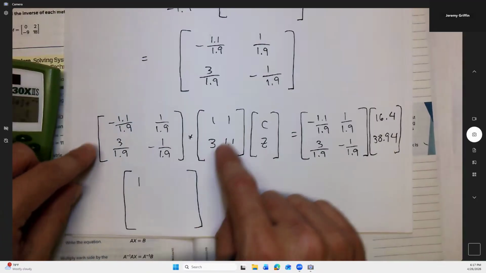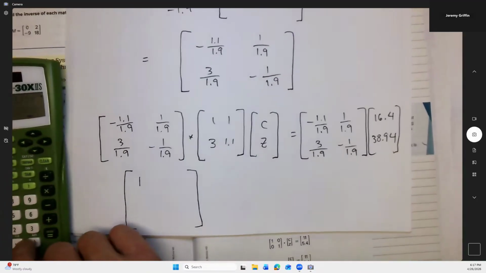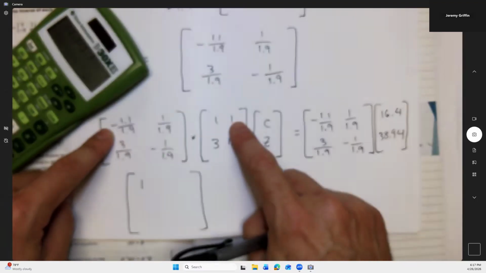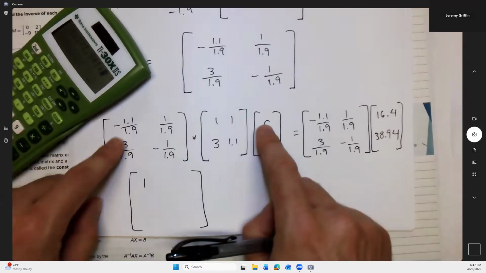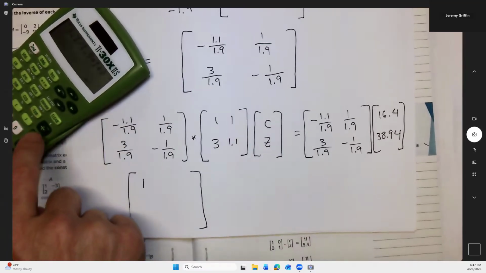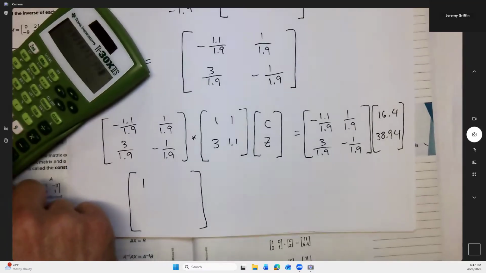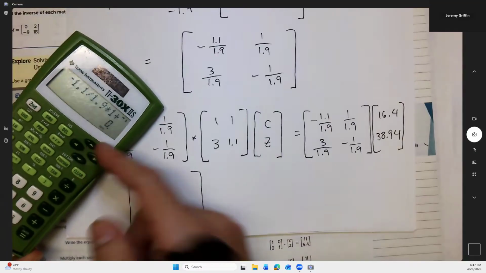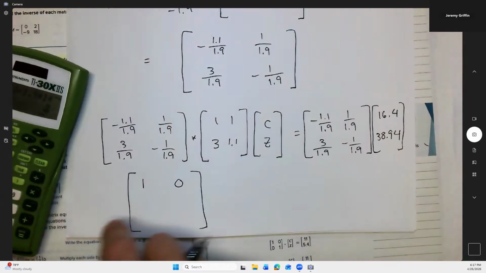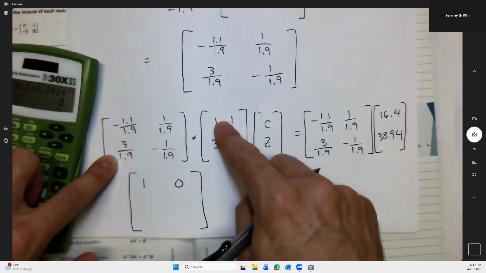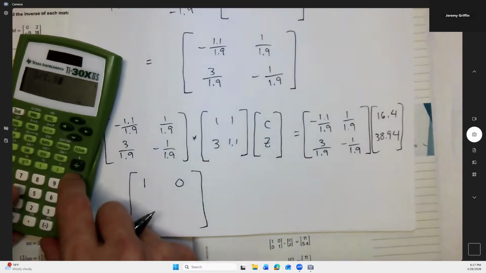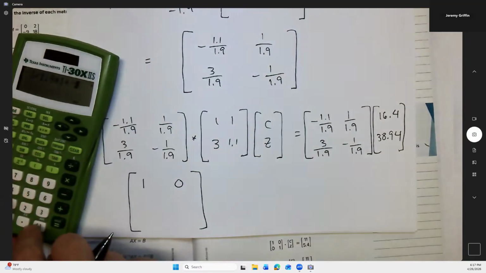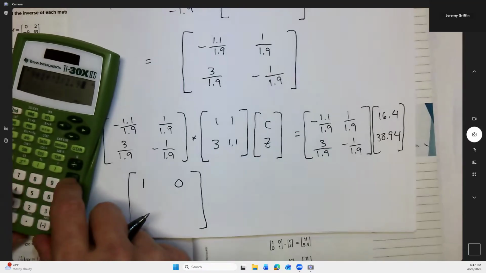How about this element 1, 2? We got -1/9 times 1 plus 1/9 times 1. That gives me 0. Yep, working good. Next, 3/9 times 1, plus, actually it's a negative, 1/9 times 3.